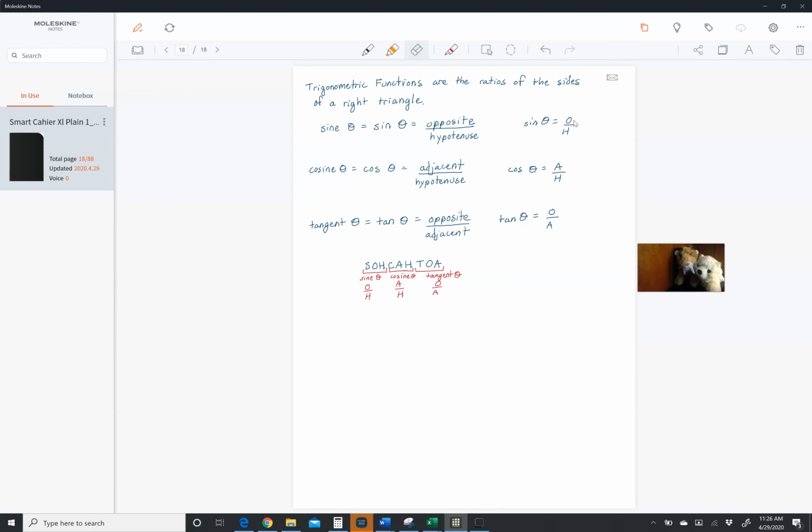So if I have 2 over 3, that's a number that's less than 1. If I have 5 over 6, it's a number that's less than 1, okay? So sine of theta is always going to be between 0 and 1. Now, for right now, we say between 0 and 1 because we're dealing with right triangles and each side of a triangle has a positive length, okay? So let's just put that in here.